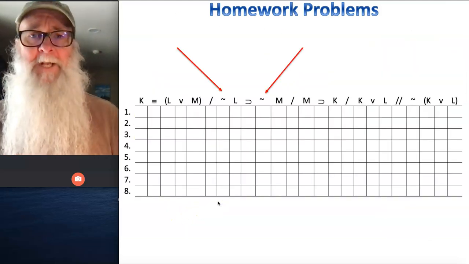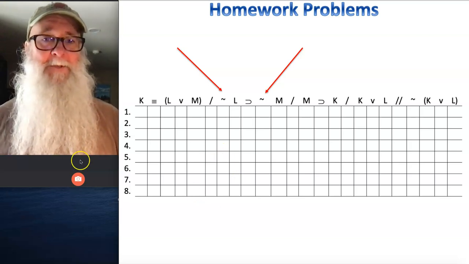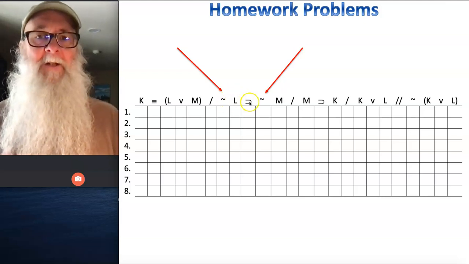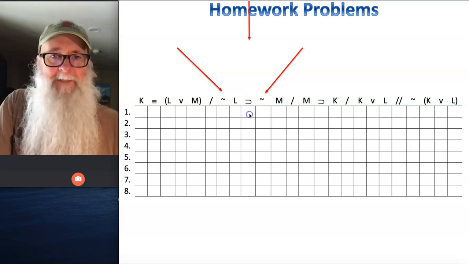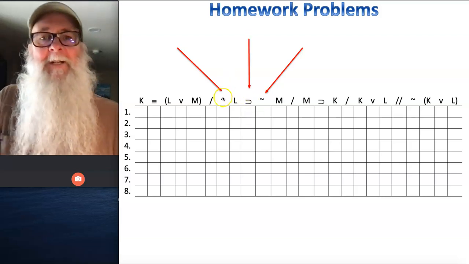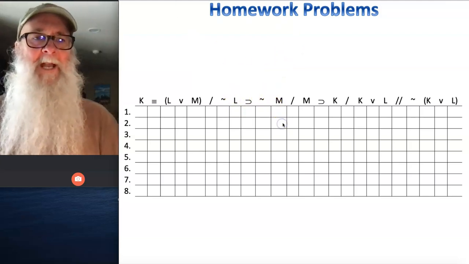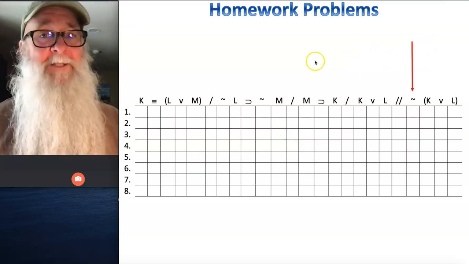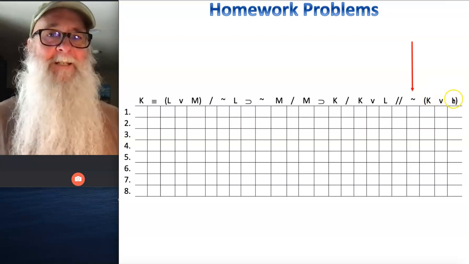All right, next thing to take note of. Remember that tildes become the operator you're concerned with when they operate on a letter. So we have tilde L, horseshoe, tilde M here, and the truth value of the main operator of this statement, horseshoe, is going to be determined by the tildes, not by the truth value of L or M. Make sure also that you remember that when tilde appears outside of parentheses, it does not distribute to the terms inside parentheses.